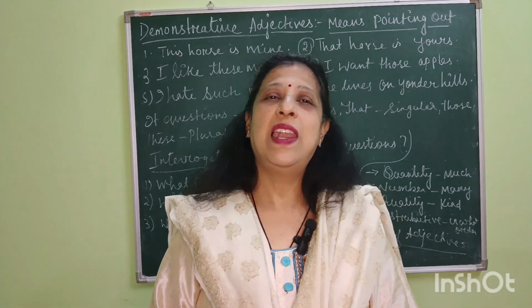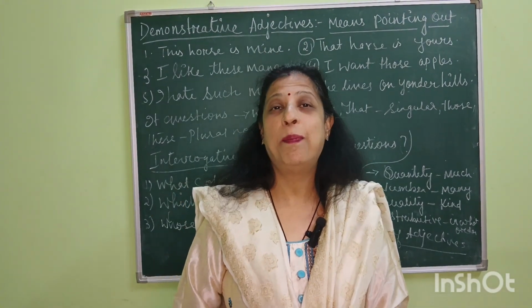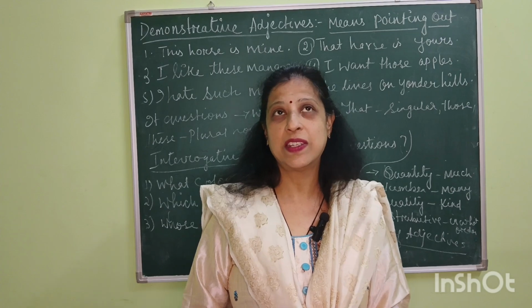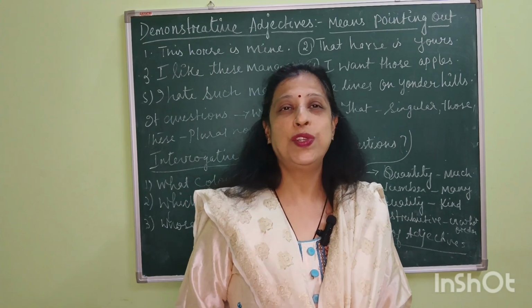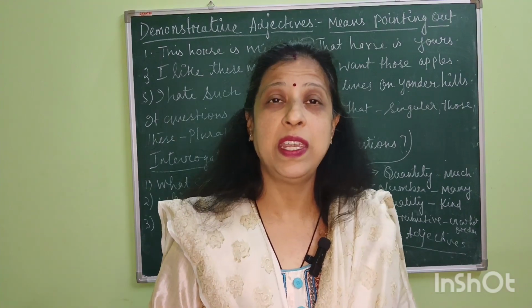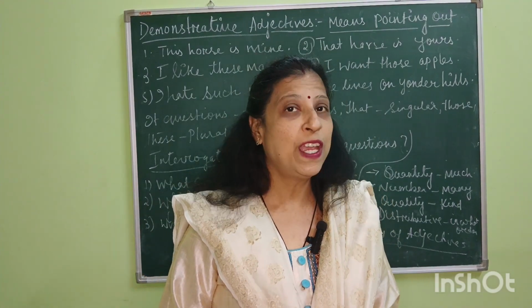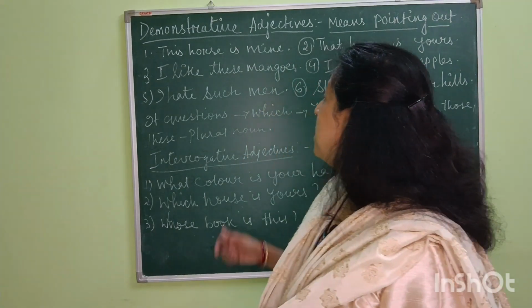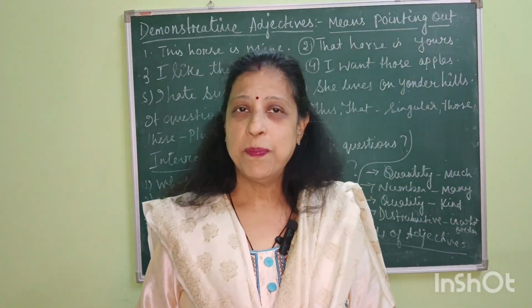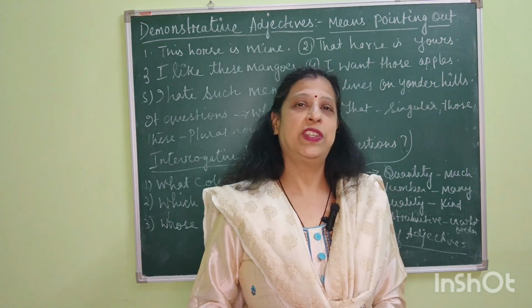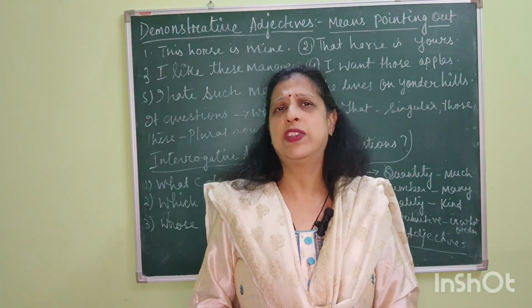So, children, last time we did adjective part 2. Yes, and now we are going to do adjective part 3. That is, today we are going to do demonstrative adjective and interrogative adjective. Okay, now demonstrative adjective. What is demonstrative adjective?